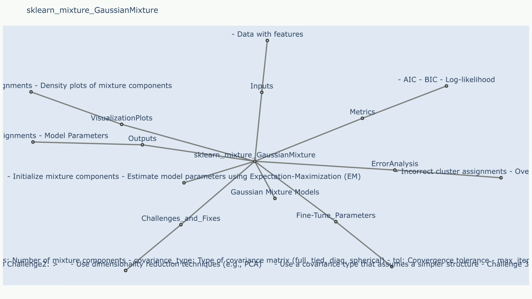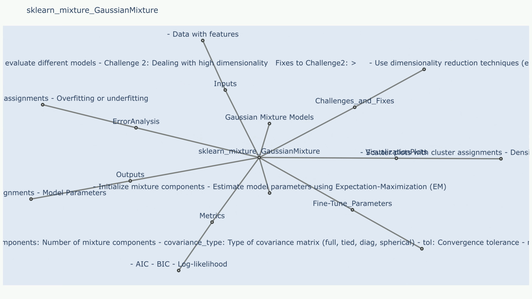Outputs. Weights, a 1D array of mixing proportions for each Gaussian component. These values represent the probability of a data point being generated from a specific Gaussian component. Means, a 2D array of mean vectors for each Gaussian component. Each row corresponds to the mean vector of a specific component. Covariances, a list of covariance matrices for each Gaussian component.